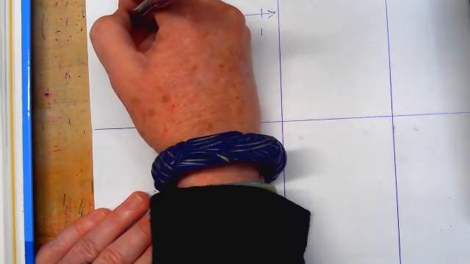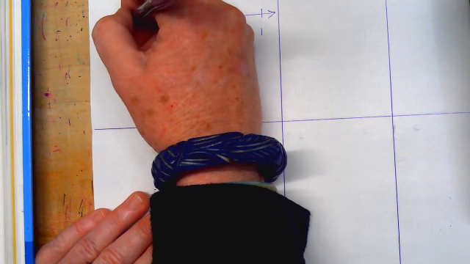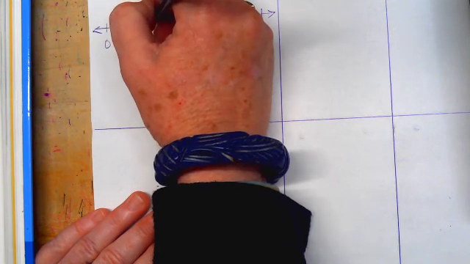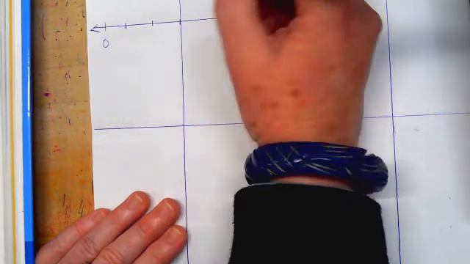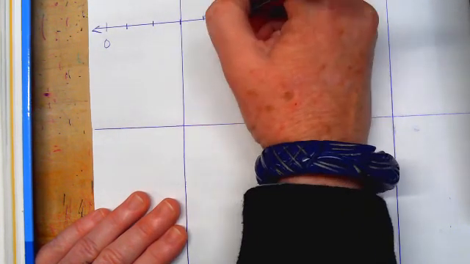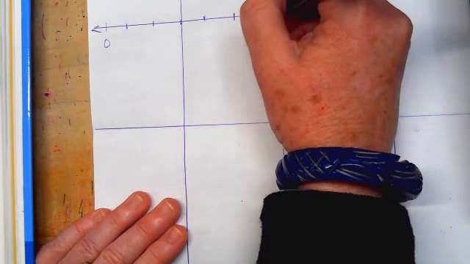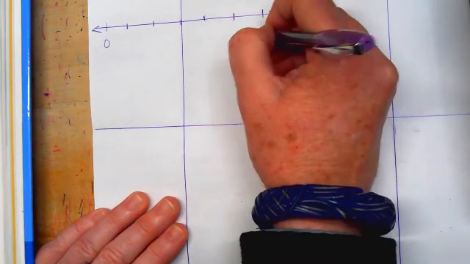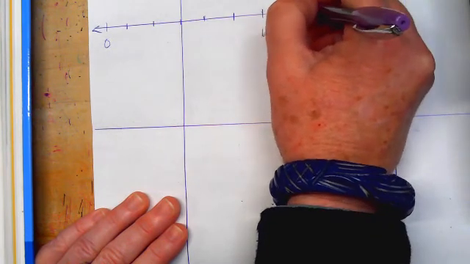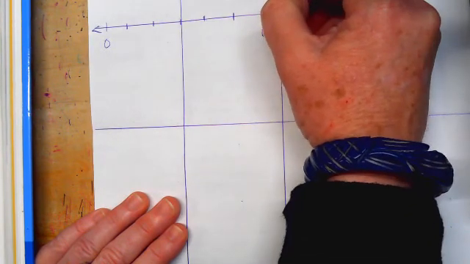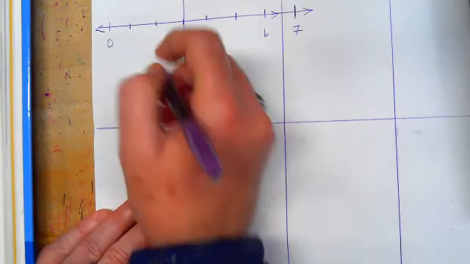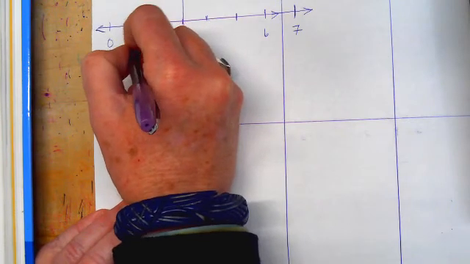So we have 0, 1 whole, and if we have to have 7, that means we're going to have 1, 2, 3, 4, 5, 6.